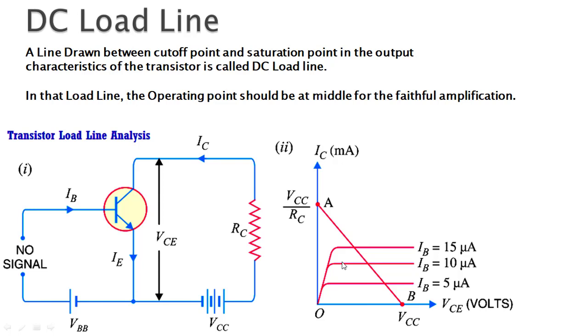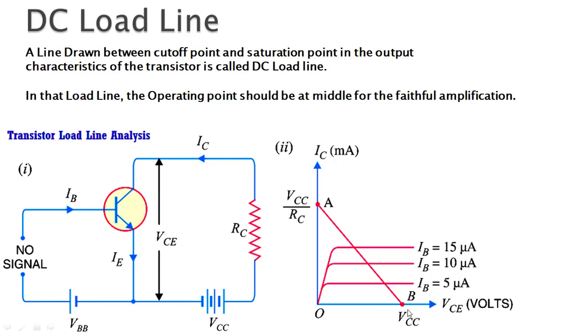So we are going to calculate the proper zero signal base current or zero signal collector current. If you give the zero signal base current, it will automatically make the required zero signal collector current flow, because IC is equal to beta into IB. For the operating point we need the base current IB.